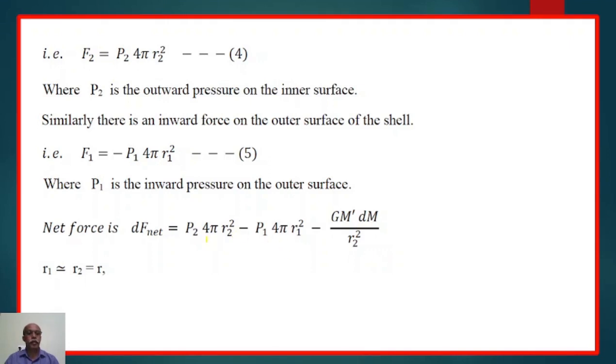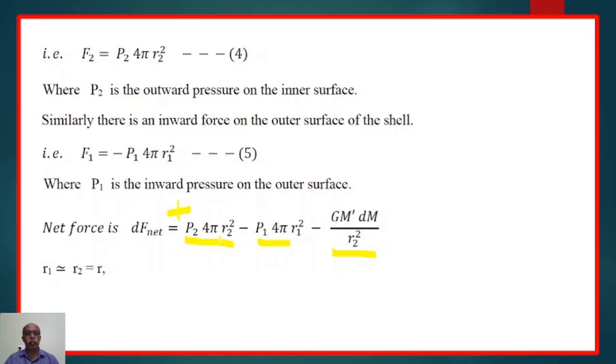This is the outward force on the inner surface. This is the inward force on the outer surface, and this is the inward force on the inner surface. The outward is taken as positive, and the two inward forces are taken as negative.